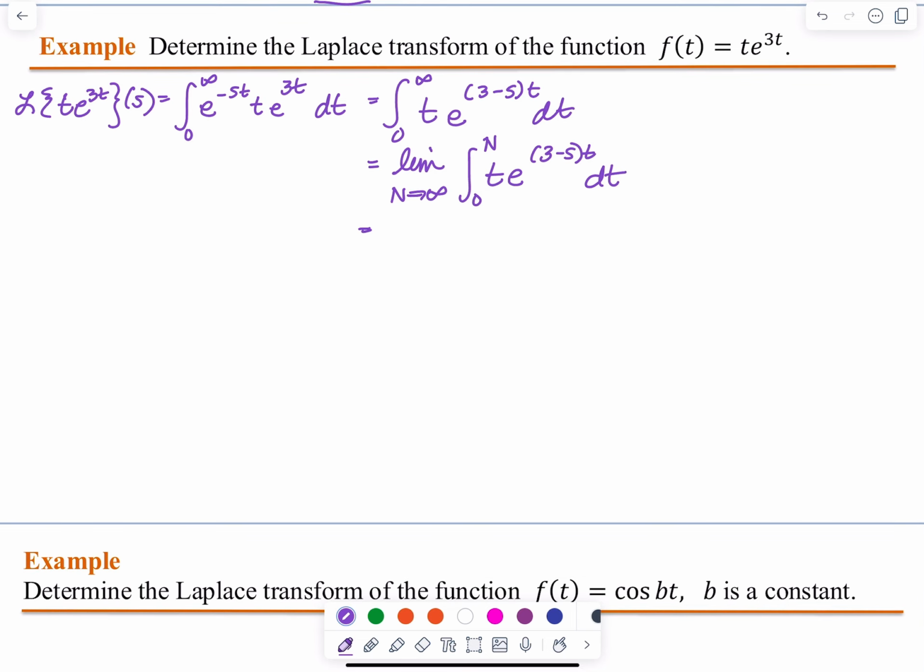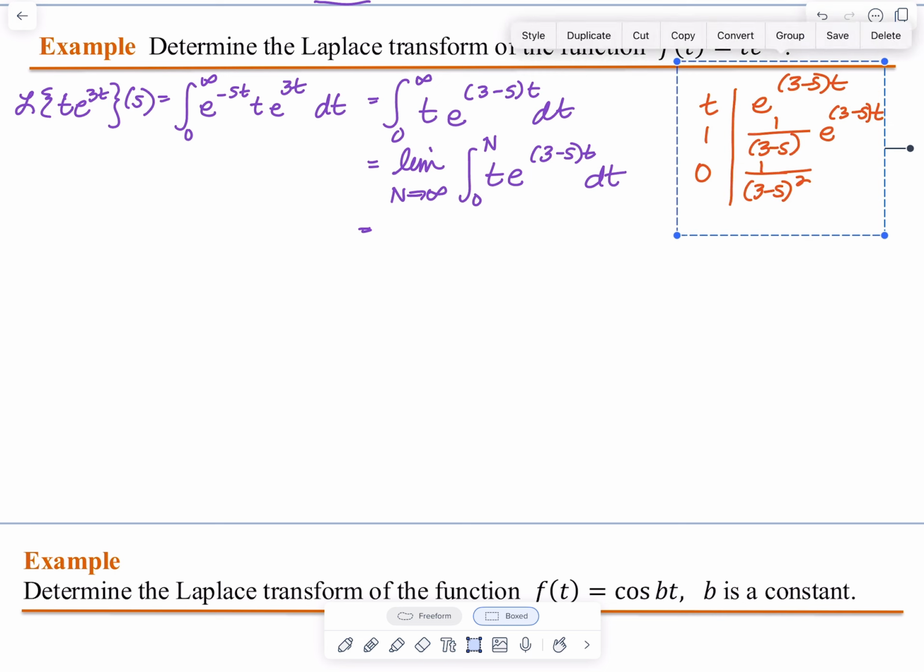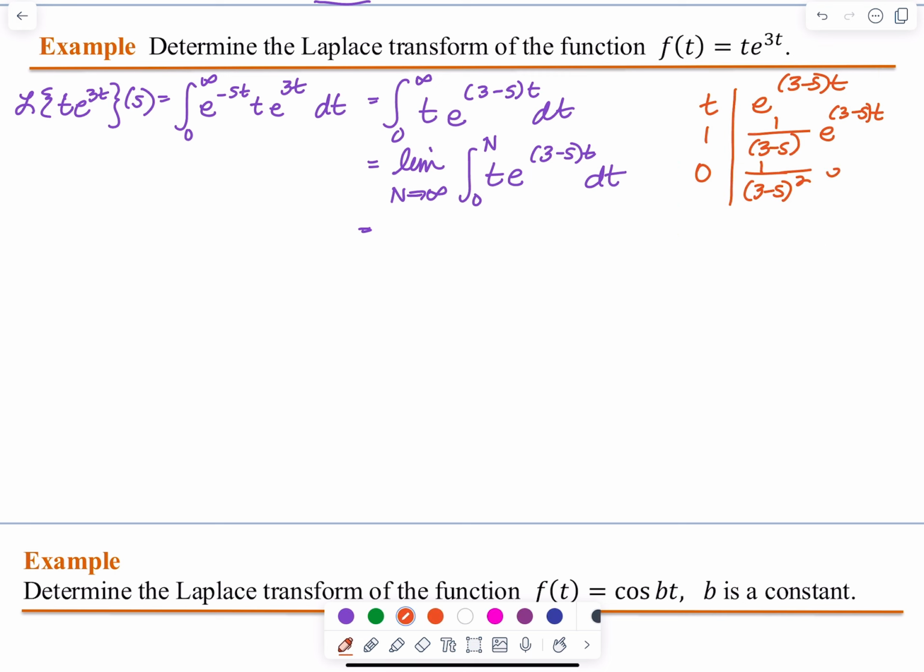And so now we have, and this time I'll use the tabular method for parts. So we have t, 1, and 0, e to the 3 minus st, 1 divided by 3 minus s, e to the 3 minus st, and then we have 1 divided by 3 minus s squared, multiplied by e to the 3 minus s to the t.